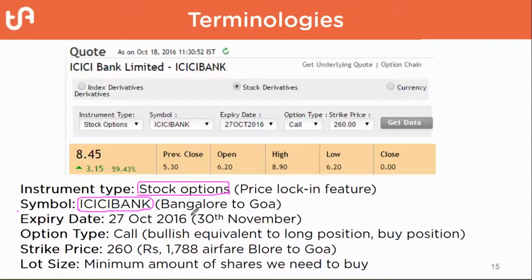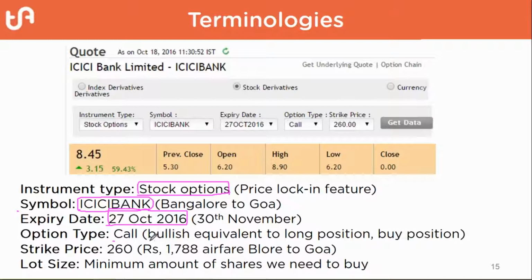Expiry date in our example was 30th November. Here this is 27th of October. So basically you will have a certain amount of time to take this trade. We'll discuss that with examples. But there will always be an expiry date. You cannot have an option trade without an expiry date. Option type, you have call and put.